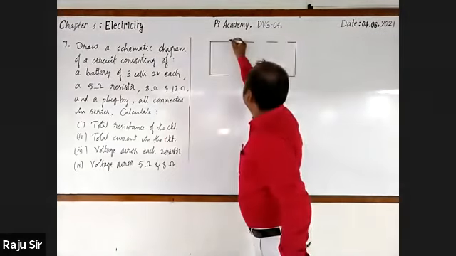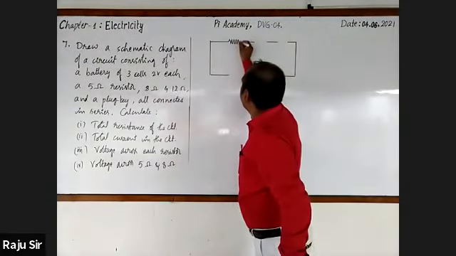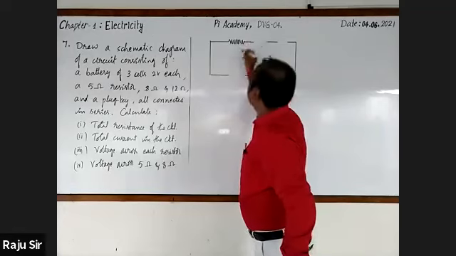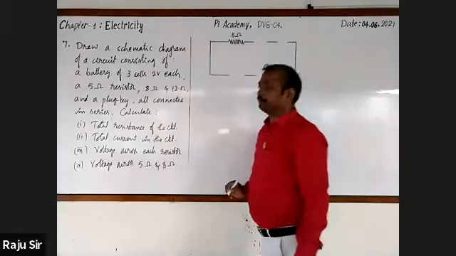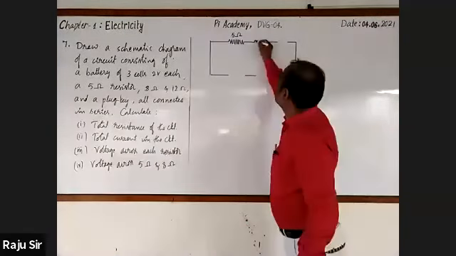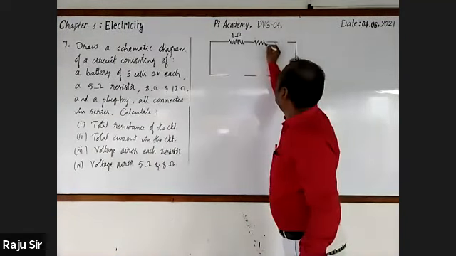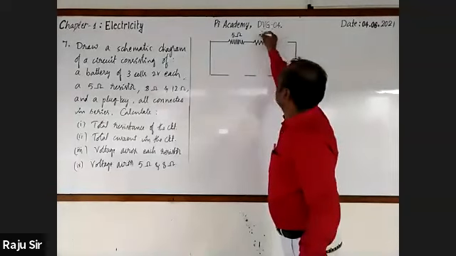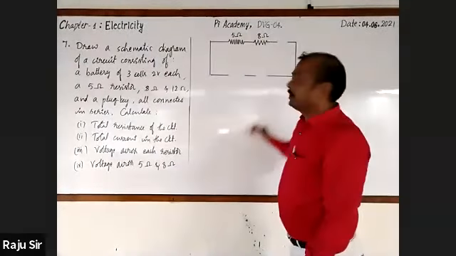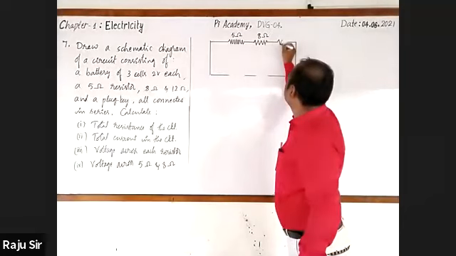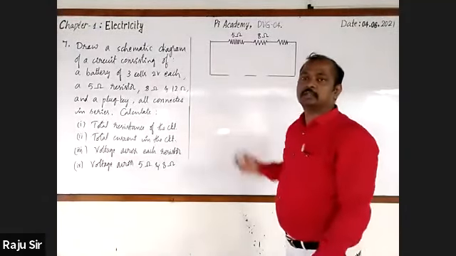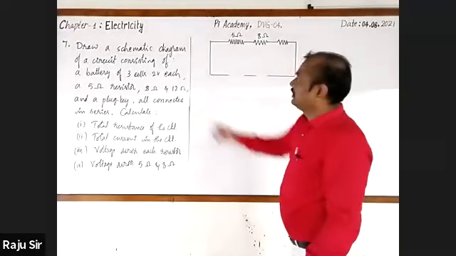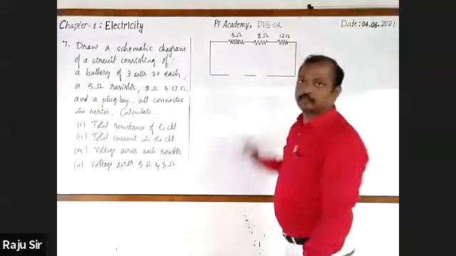Now, this is the first resistor, and its electric resistance is 5 ohm. Next, the second resistor is 8 ohm. And the third resistor; these 3 resistors are all connected end to end, then you can say that they are connected in series. Resistance of the third resistor is 12 ohm.